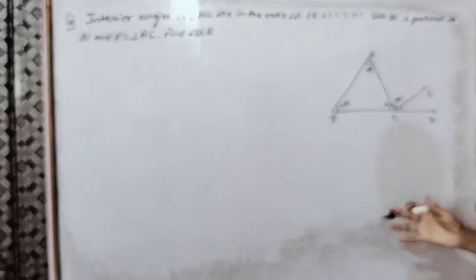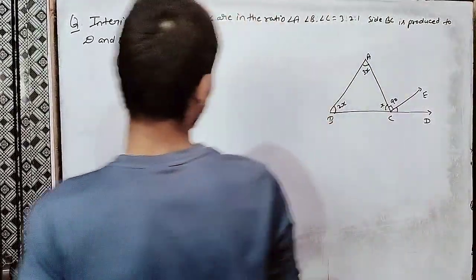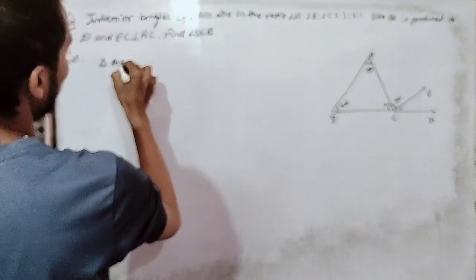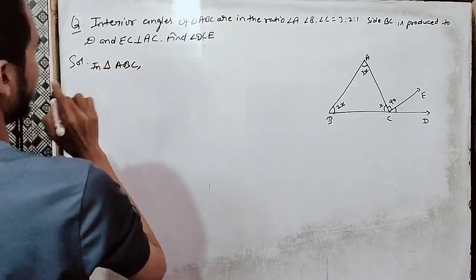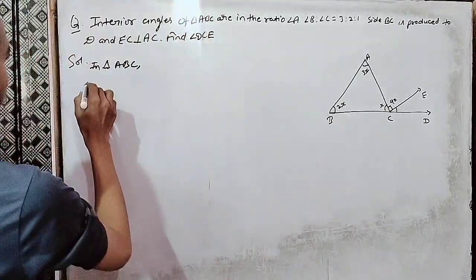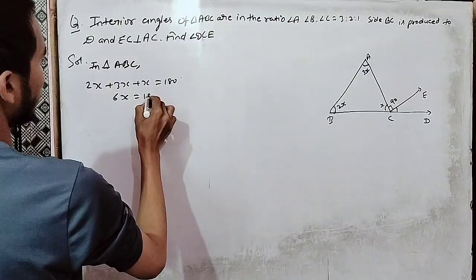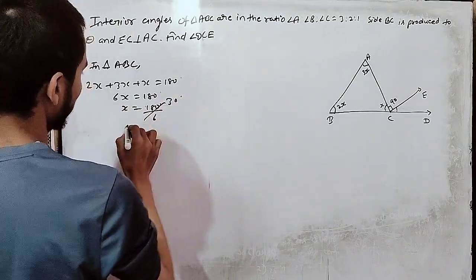First of all, we have the option to find the exact value of each angle of this triangle. In triangle ABC, 2x plus 3x plus x is 180 degrees. 6x is 180, so x is 180 upon 6, which is 30.